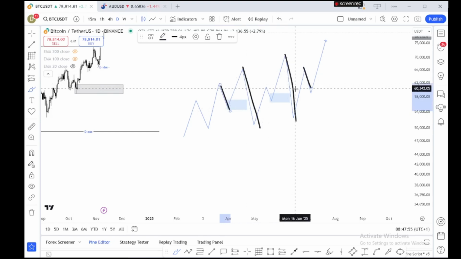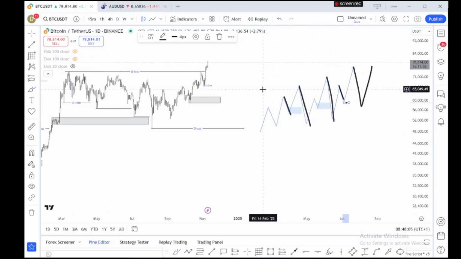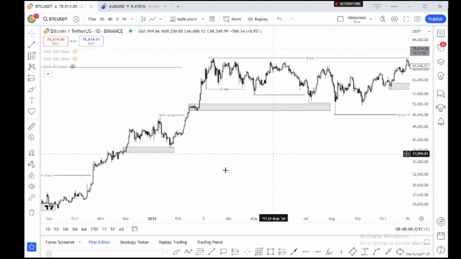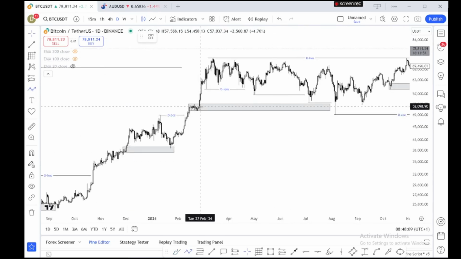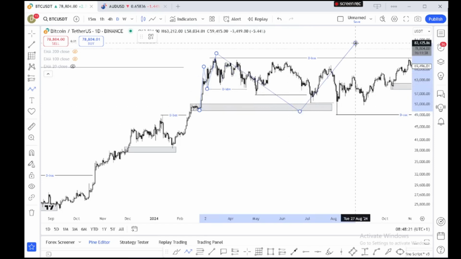These small ones are what we call liquidity, what we call inducement. As you can see, look at Bitcoin here. We gave out a push up, a small push back, but look at how long it took this pullback to come and take it out.